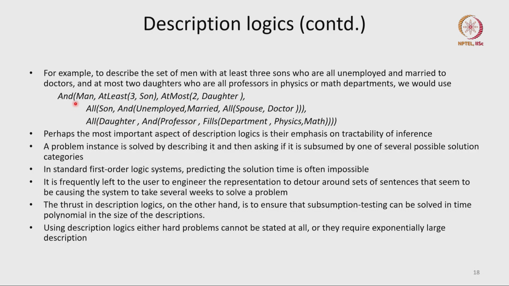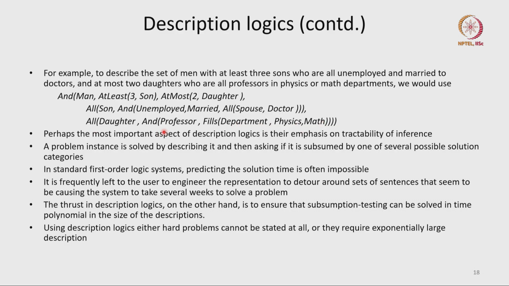You are talking about a man who has at least 3 sons, at most 2 daughters, and all the sons are unemployed, married, and all the spouses are doctors, and all the daughters are professors and they are in the department of physics or maths.